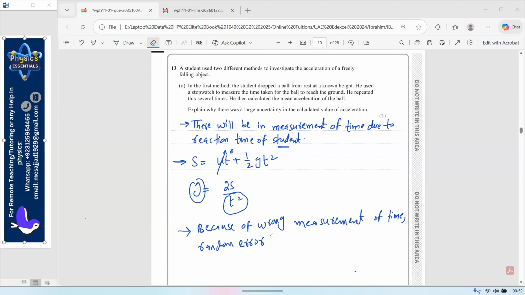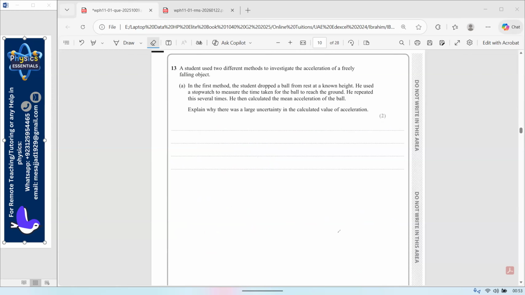Systematic error means any error because of system failure or instrument failure. But random error means every time you're doing the same way and you're having different measurements or answers. So it is a kind of random error. So random error will increase if we don't fix the reaction time of the student.